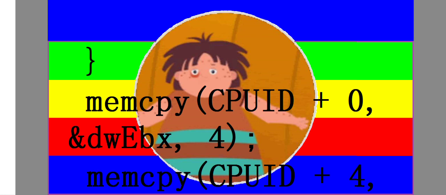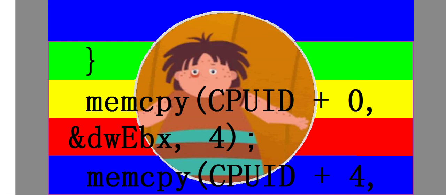End of assembly language. MEMCPY, CPUID plus 0, CPUID 22 bytes char. That means signed char plus 0, comma, ampersand DWEBX, comma, 4, semicolon.